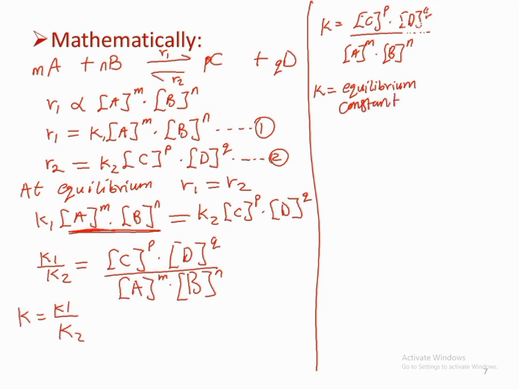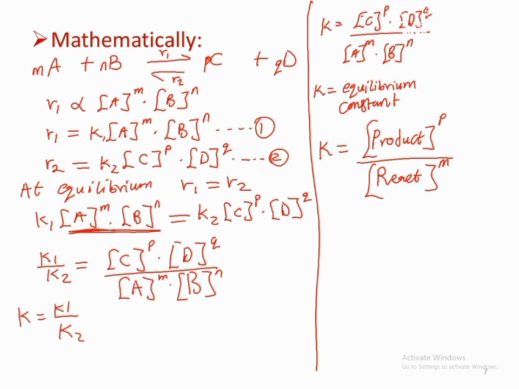So that means, if you want to show an equilibrium expression for any chemical equation, all you need to do is write your K, which stands for the equilibrium constant, equal to the concentration of the products, because C and D are products, raised to the power of the moles of the products, let's say P stands for the moles of the products, divided by the concentration of the reactants raised to the power of the moles of the reactants, let's say M represents the moles of the reactant.